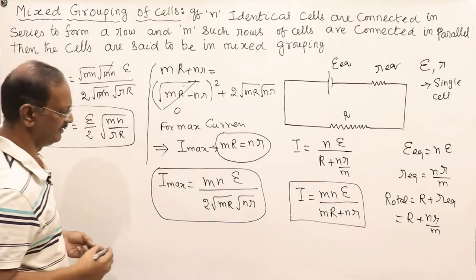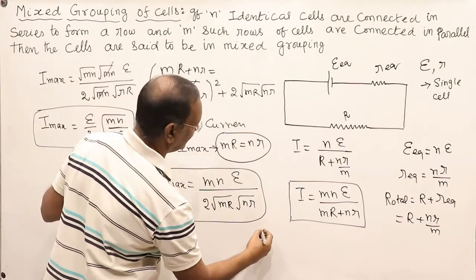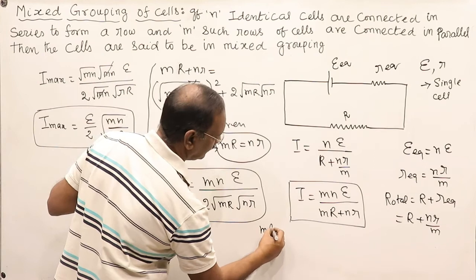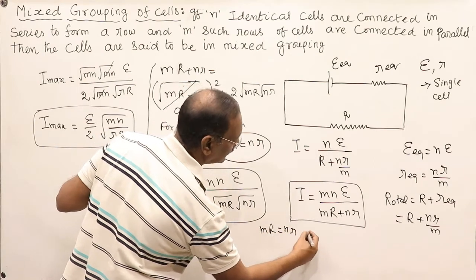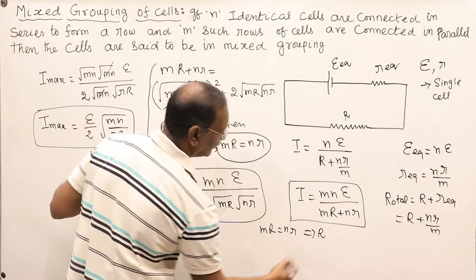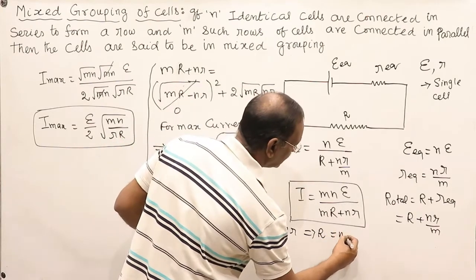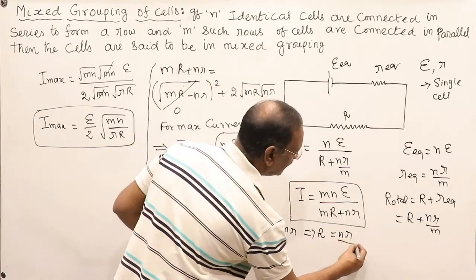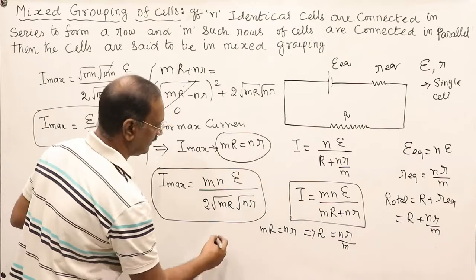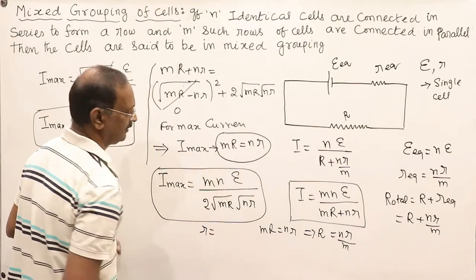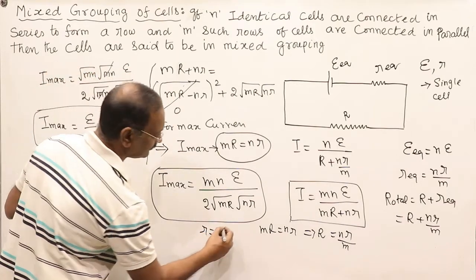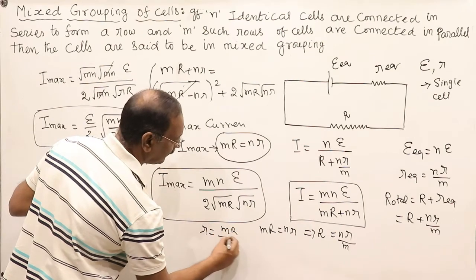This also can be modified. Since m R is equal to n r, this implies R is equal to n r by m. We can write R is equal to n r by m, or m R by n.